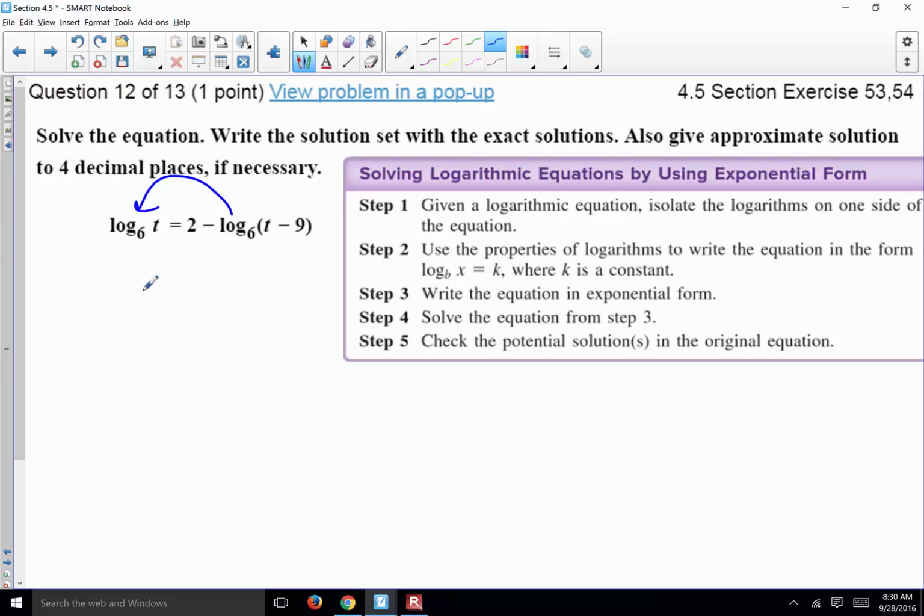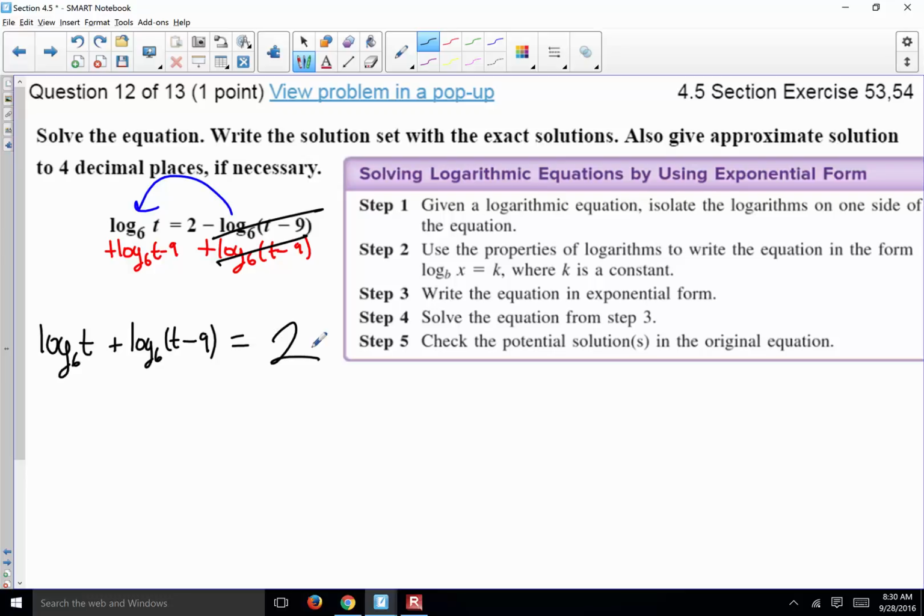When I take that logarithm to the other side, it turns into a plus sign. We have log base 6 of t plus log base 6 of t minus 9 equals, look at this, only a number, 2.